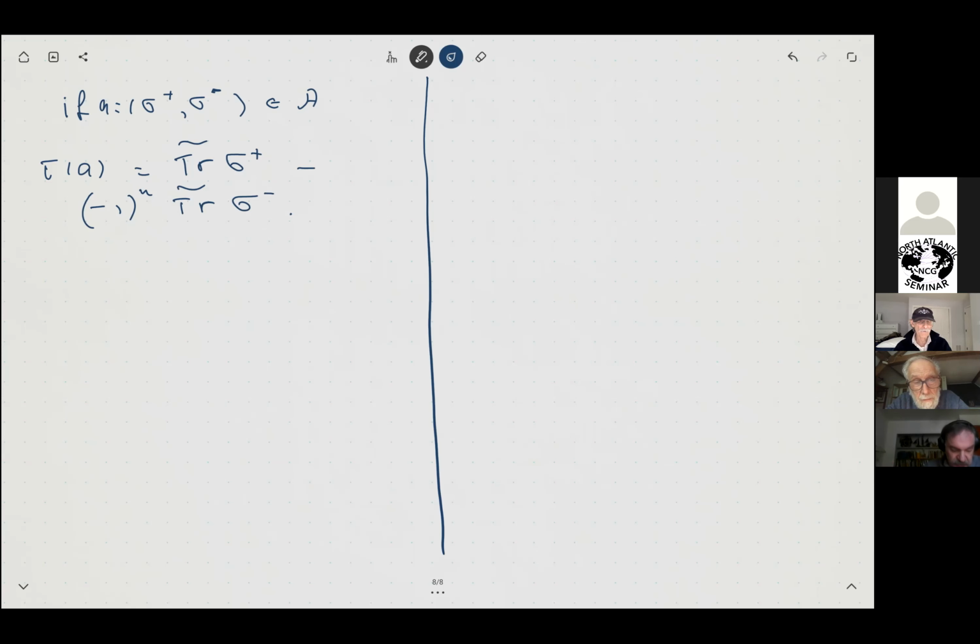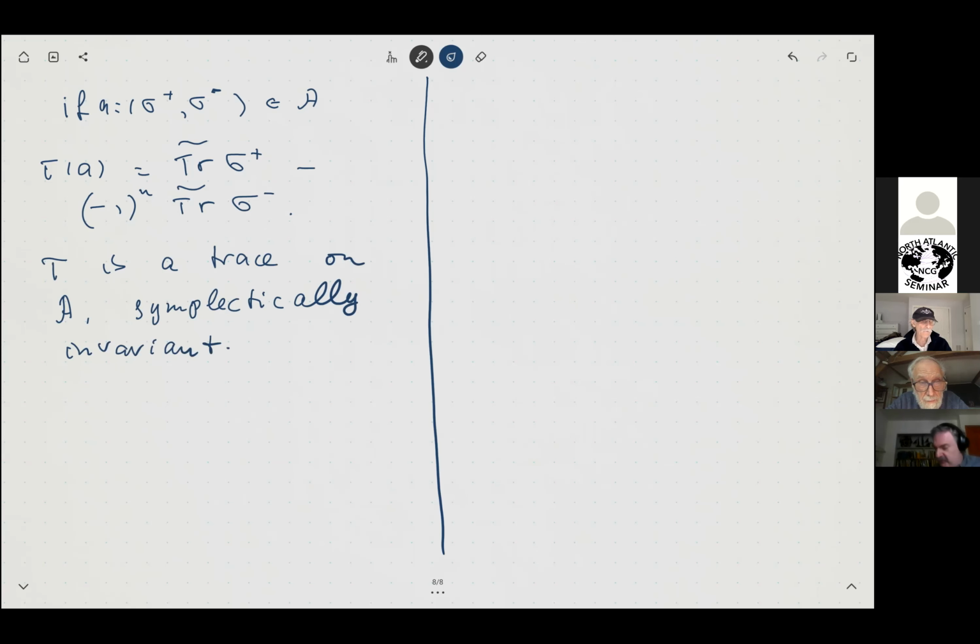It turns out that now tau is a trace on A, moreover symplectically invariant. So it doesn't depend, for example, on the choice of metric which we made. It's completely canonically defined.